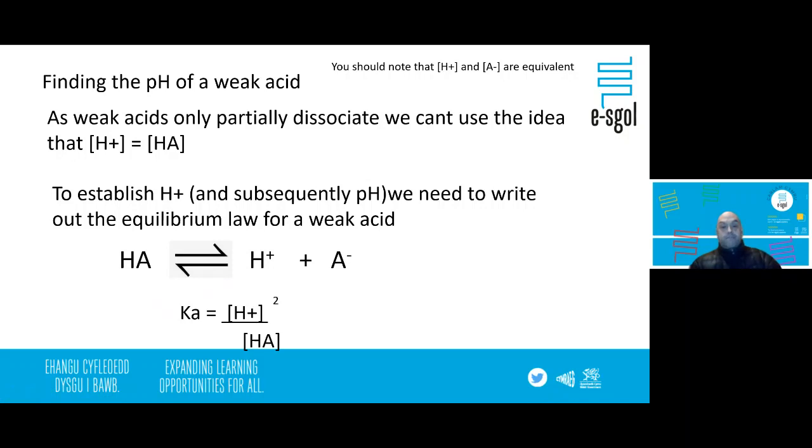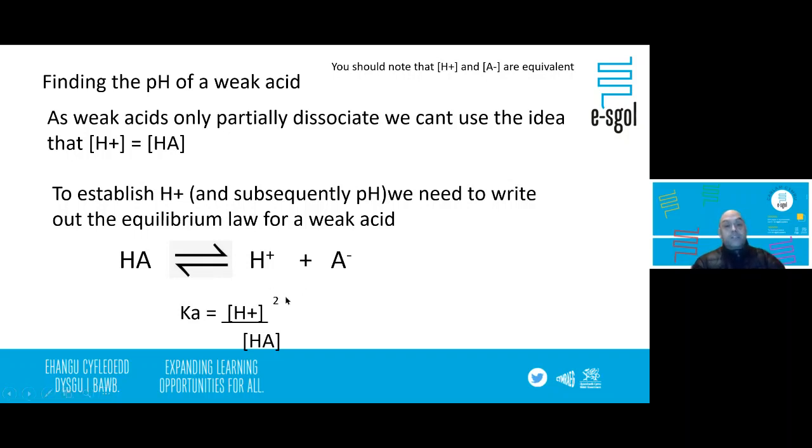Now, what I've done there, and I can't quite see it so my screen's a bit different to yours, is that what we can assume is that for every mole of H plus generated, an equivalent number of moles of the conjugate base is generated. So these two values at equilibrium will be the same, and therefore, to make our lives easier, you can see that I'm writing an expression like this, so I've squared that value. What I'm trying to do to get to pH is work out H plus.